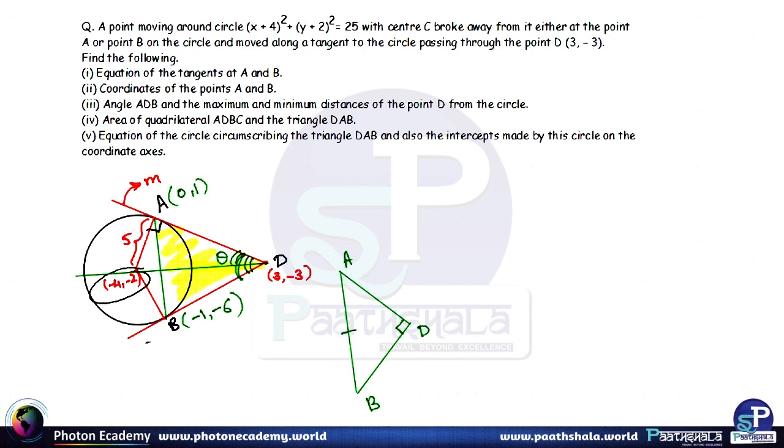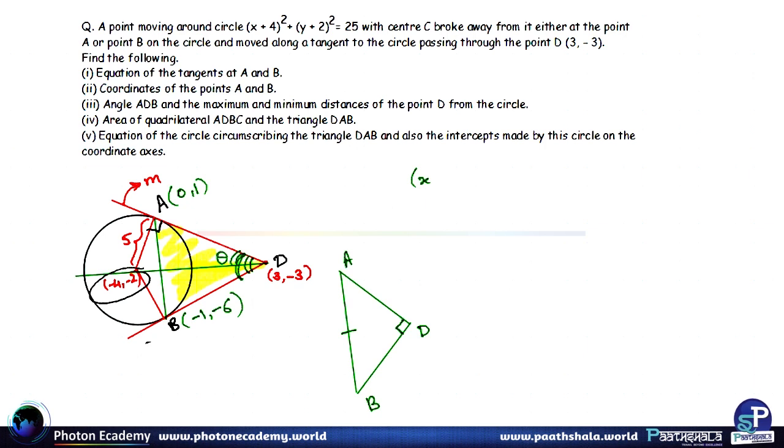So from the 2-point diameter form we can write down the equation of the required circle as x into x plus 1 plus y minus 1 into y plus 6 is equal to 0.